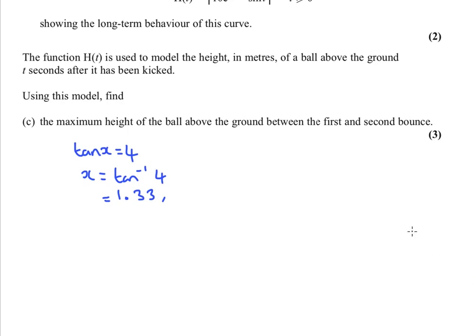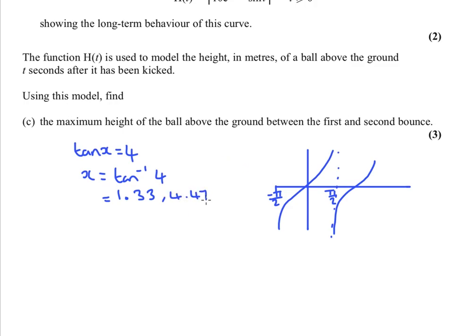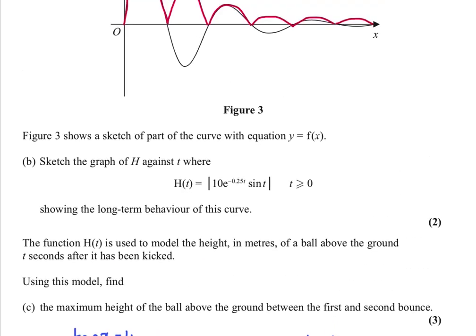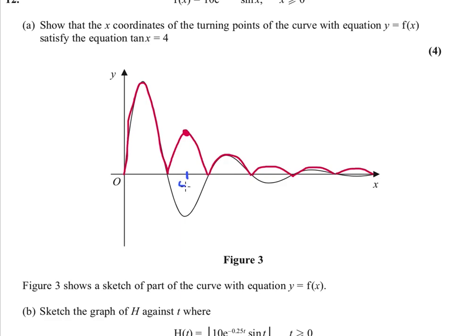So for a tan graph, to get the next value, it's the simplest one. We add on, because the period of a tan graph is pi radians. We just need to add on pi radians. So 1.33 add pi is 4.47.